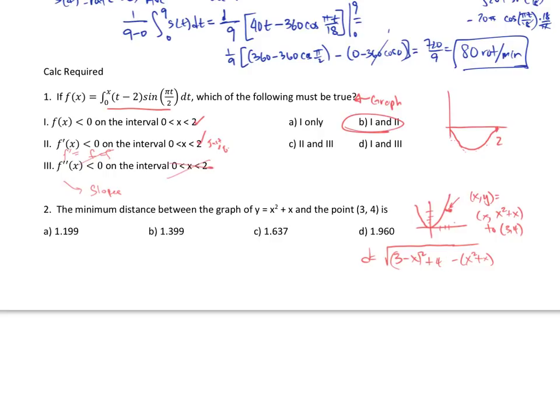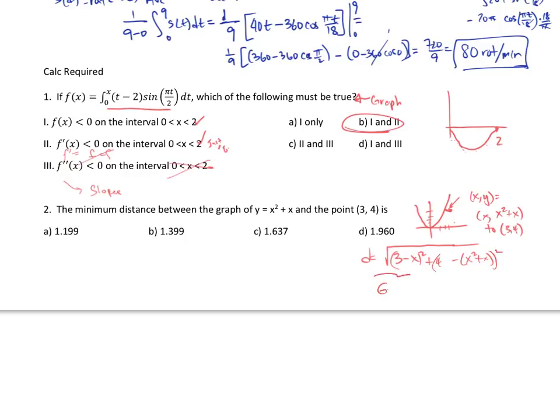Okay. And this will be like this, squared. Okay, so we have our distance, and we can graph this.